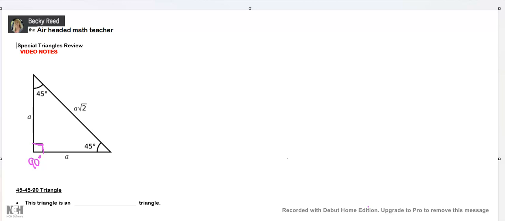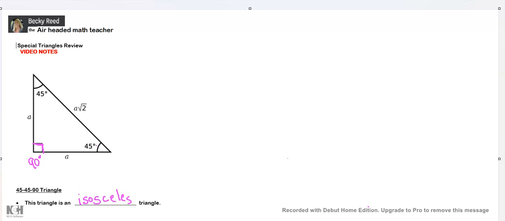First thing I wanted to say about the 45, 45, 90 degree triangle is that it is an isosceles triangle. So knowing that, the other two angles here that are not the right angle are 45 degrees.